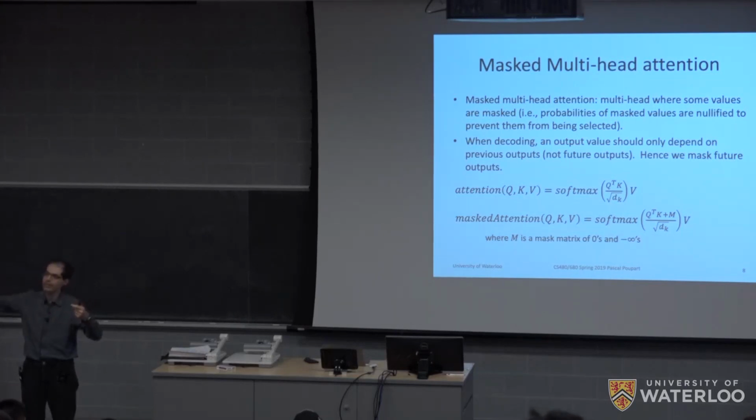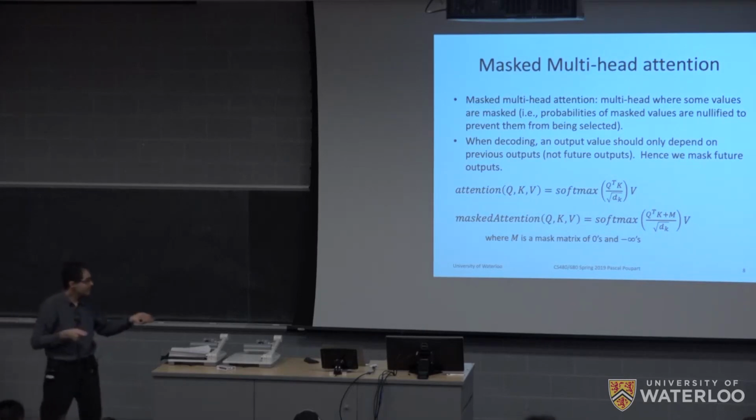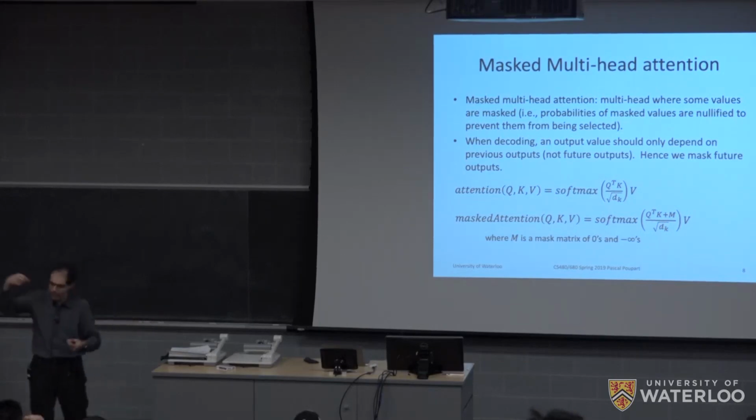Now we're going to nullify some of those probabilities, and then the sum of the probabilities that are left is not going to add up to 1. Whereas if we do it inside, by adding a matrix that might have values that are minus infinity, it means that when we take the softmax, these are going to have 0 probability, but then all the other values are going to have probabilities that still sum up to 1. So this ensures that we still have a proper distribution.